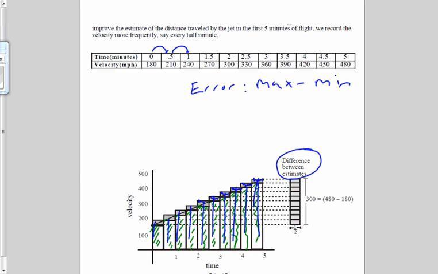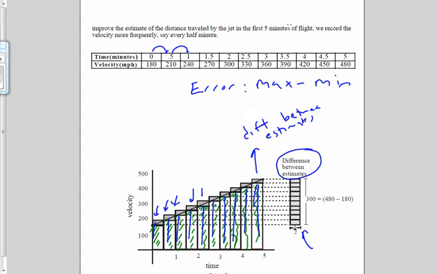So in each 0.5 second interval, that shaded region is the difference between the estimates. And if we add up all of those differences between the estimates, that's what this is right here. It's adding up all the blue boxes and stacking them on top of each other.